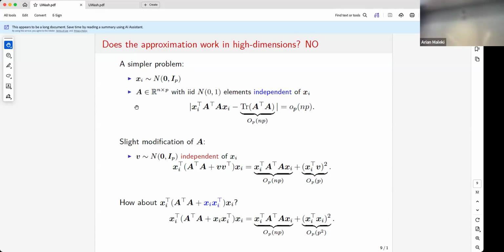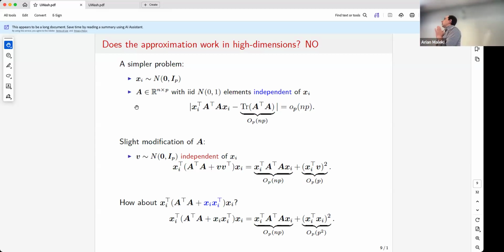Especially in the proportional setting, where n and p are of the same order, this rank one perturbation immediately creates a very large amount of error that can potentially be even larger than this. This is exactly what happens in high dimensional statistics: as soon as you start having correlation between vectors, since you have too many of them, they add up and they can become very big. So you have to make sure that you're very careful about the correlations.